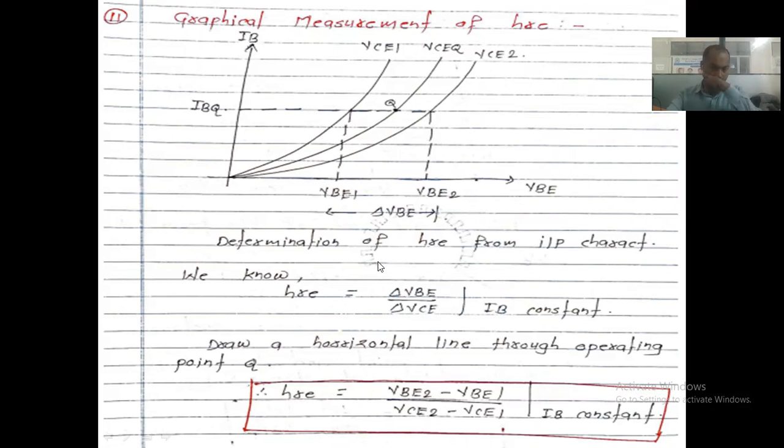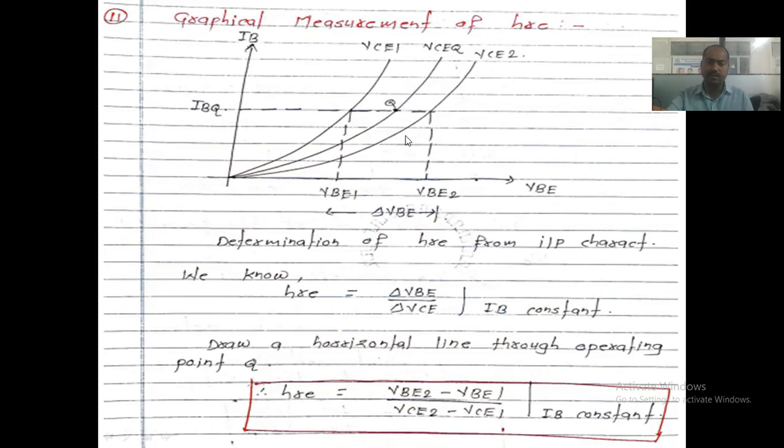So for the calculation of HRE, we take the ratio of the input voltage to the output voltage. We know that whatever values we get with respect to input and output should be in the form of change, right? So it is delta VB divided by delta VC. So HRE equals delta VB by delta VC. We are taking this base current as a constant, right?